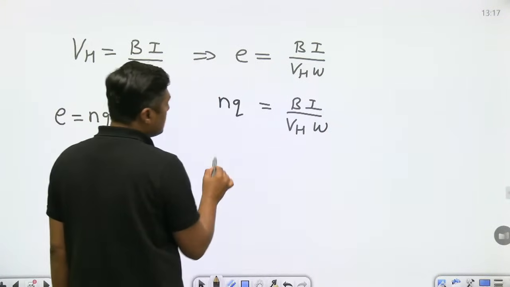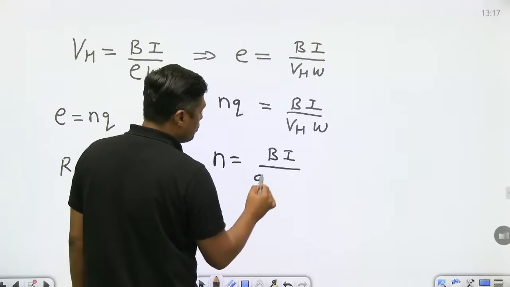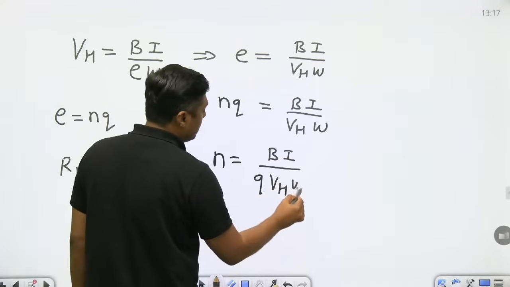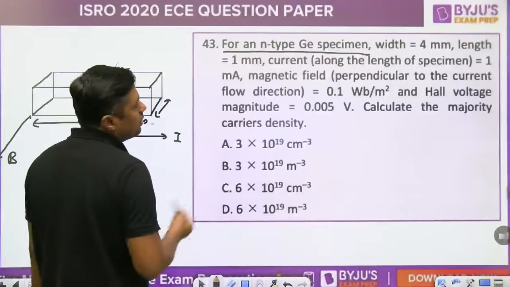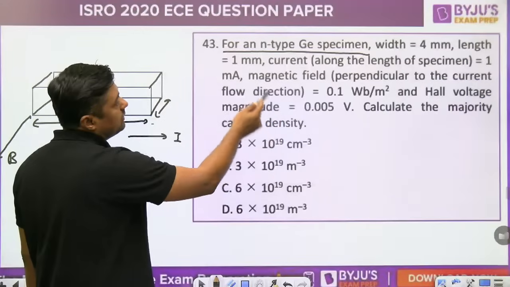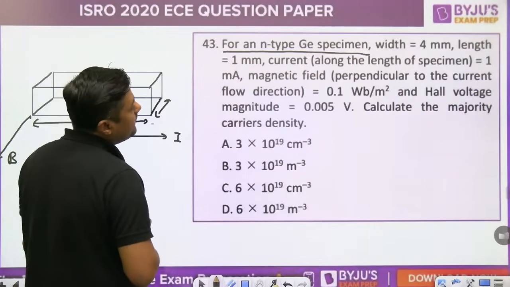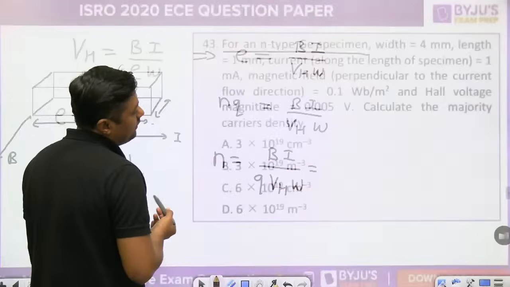So what is the concentration of electron? BI by Q VH W. B is given in the question, 0.1 Weber. Hall voltage is given. Width is given, 4 mm. And current is given, 1 milliampere. So everything is given.